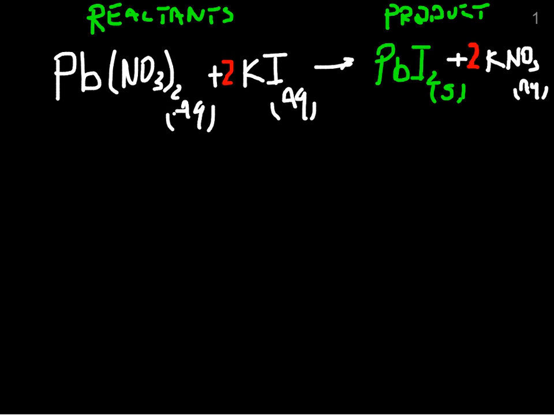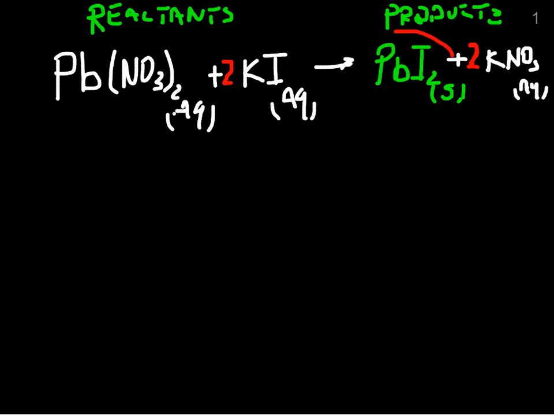I've balanced it, so I know that the mass is constant from the product side to the reactant side, and I know I came up with something new because I saw this yellow stuff form.